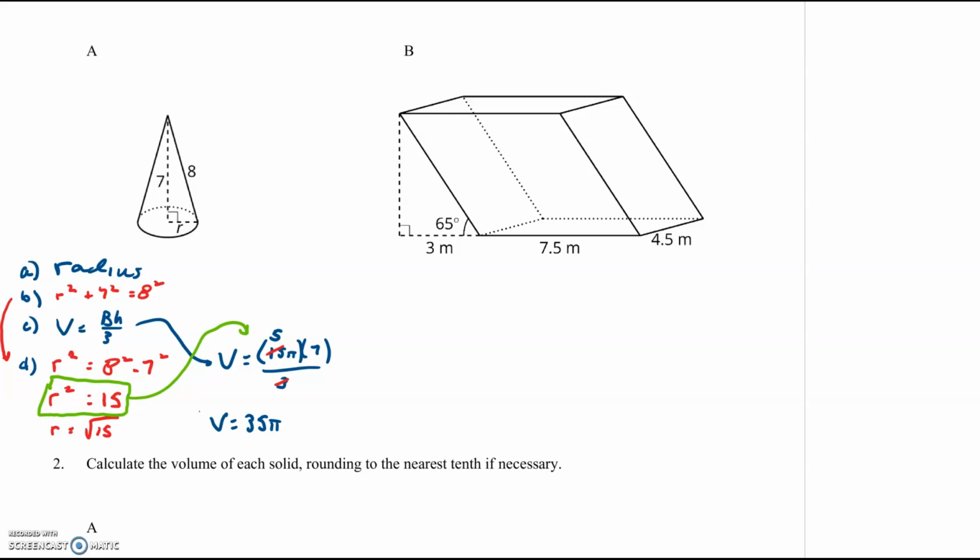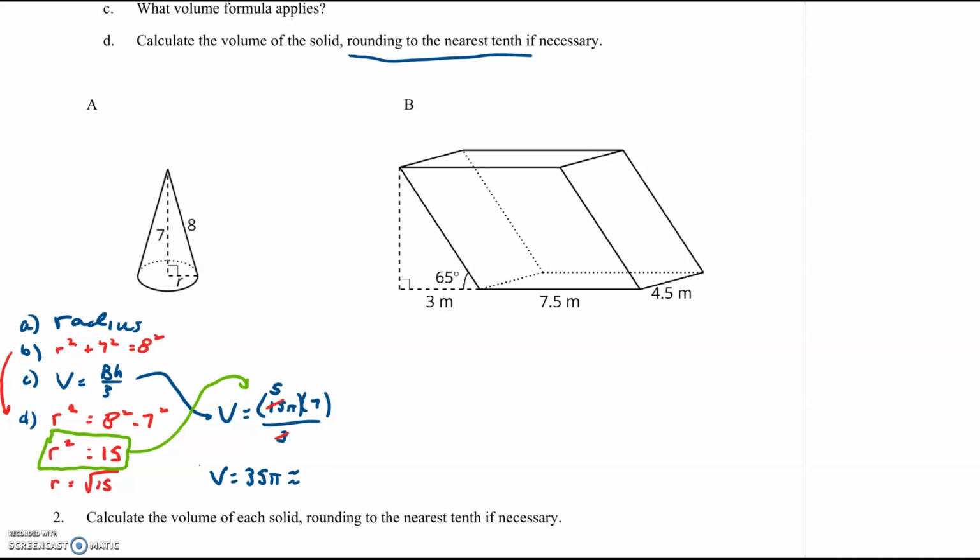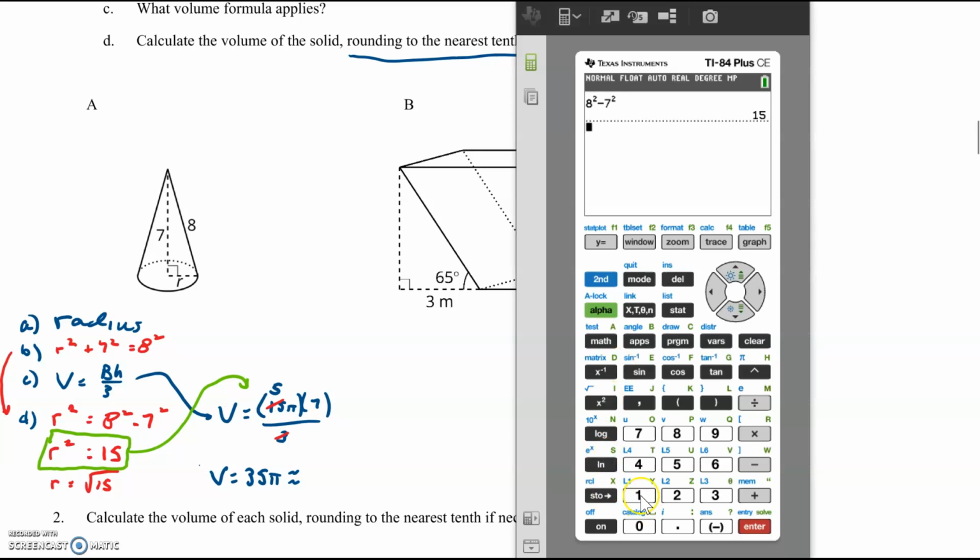And if I want to round it to the nearest tenth, if necessary, it says up here, round to the nearest tenth if necessary. In order to round this, I'm just going to type in 35 pi into my calculator, not 15 pi, 35 pi.